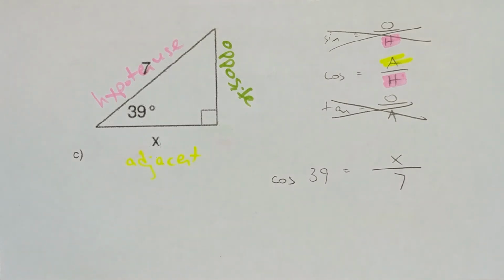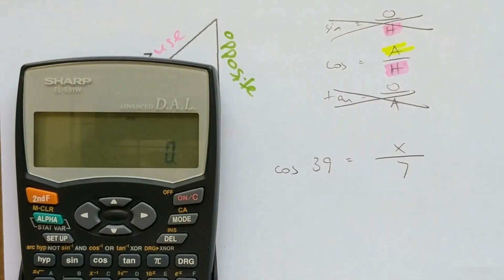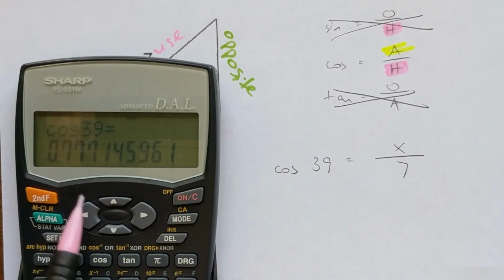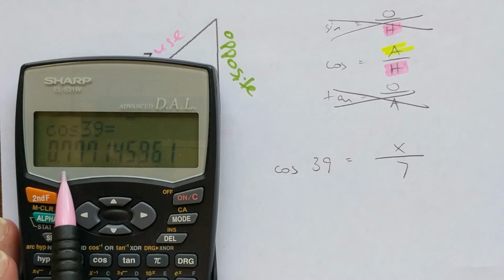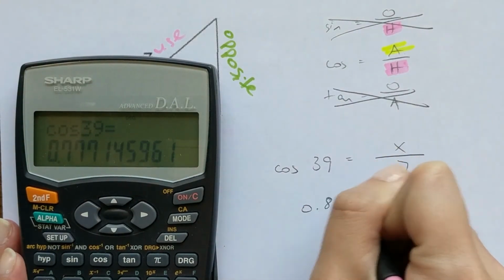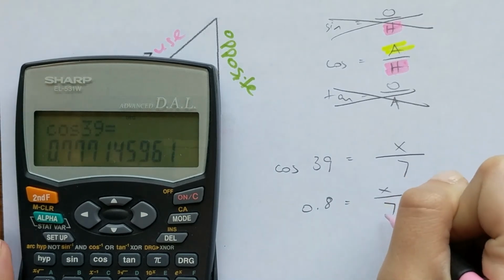First things first, I'm going to type cosine of 39 into my calculator. Cos 39 is equal to 0. A lot of stuff, and so let's round to one decimal place. I need to round up to be 0.8, so it's going to be 0.8 is equal to x over 7.